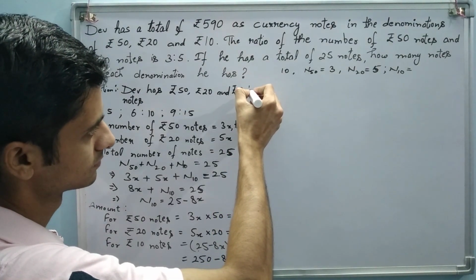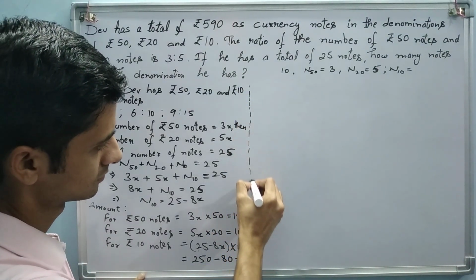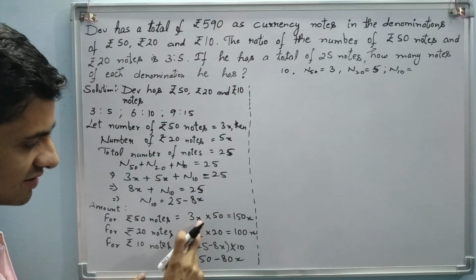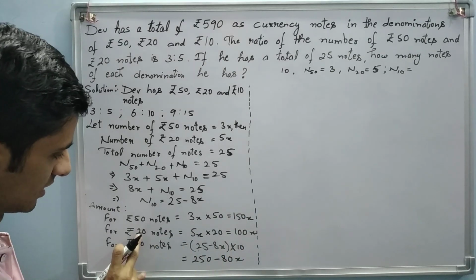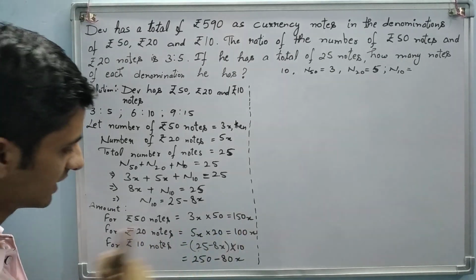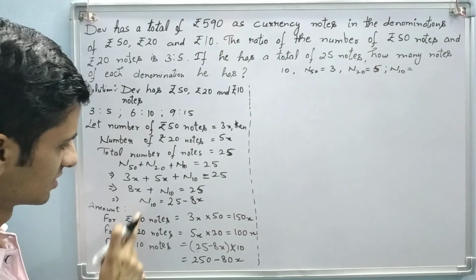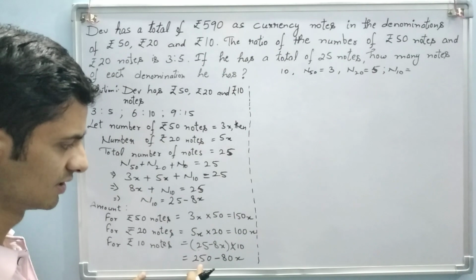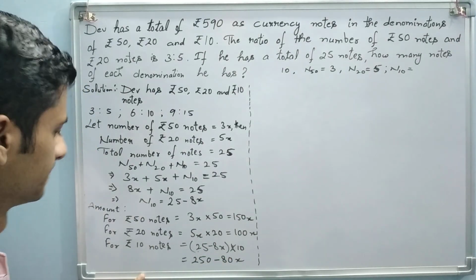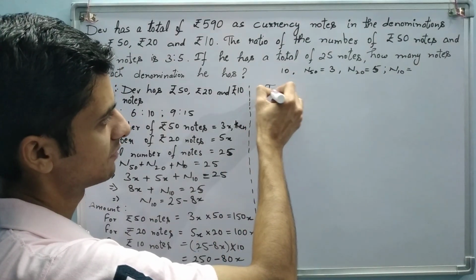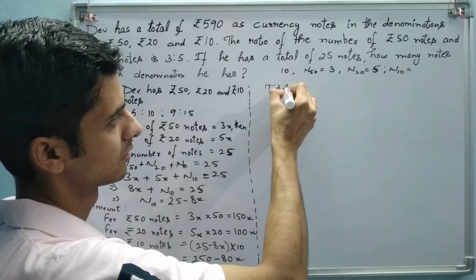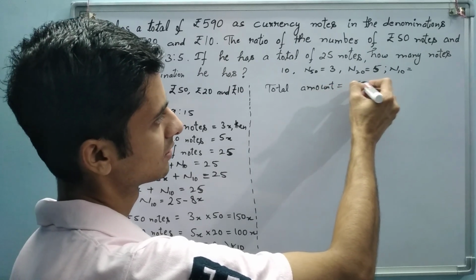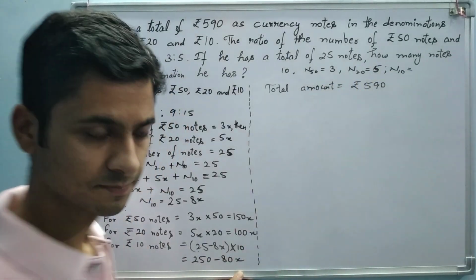Now, 50 rupee notes: 3x, 150x. 20 rupee notes: 5x into 20, 100x. 10 rupee notes: the number is 25 minus 8x, and 25 minus 8x into 10 is 250 minus 80x. Now, the total amount we know is equal to rupees 590.